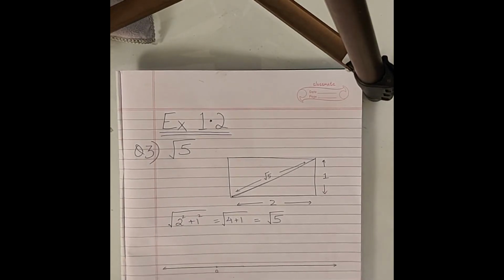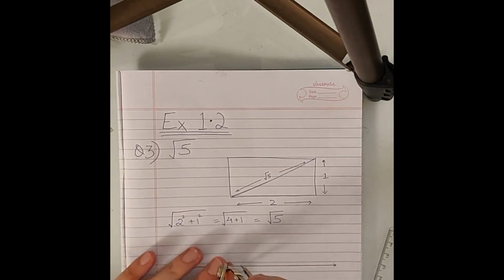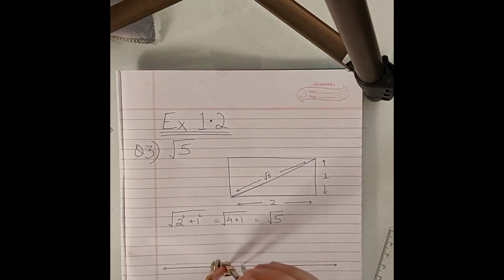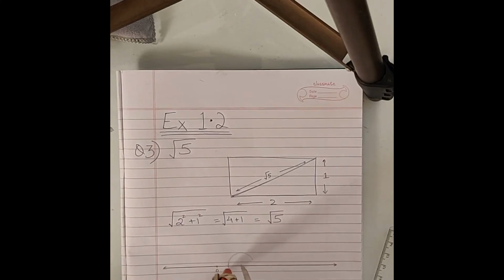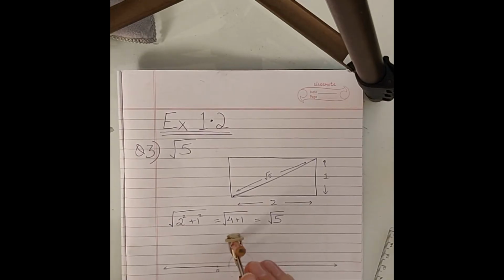Now to draw a 90-degree angle over here, I'm going to use the compass. In case you don't know how to draw a 90-degree angle using a compass, that's fine. We learned that in chapter 11, the constructions chapter. In the meantime, you can maybe use a protractor or a set square to measure a 90-degree angle and draw the 1 unit side over there.